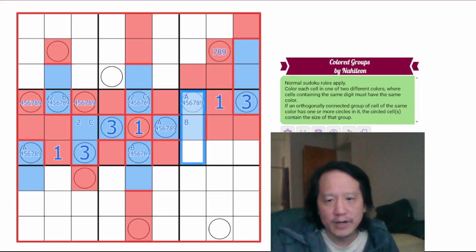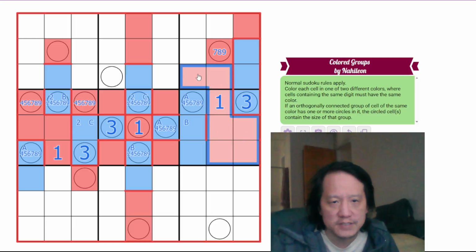This blue has to go out this way though, so that forces both of these to be red. So that's 1, 2, 3, 4, 5, 6, 7, 8. We can only have one more red. So if this is red, that would form an orthogonally connected region of 10 at least, which is not possible. So this is blocked. This is blocked. This is blocked. So this cannot be red.